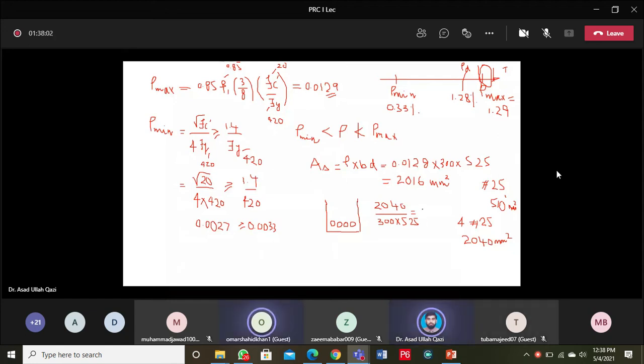0.0129. Good. So even if I have done some rounding up, and although in selection of this D I am a little generous, strictly speaking you recall that we are getting, as per the code, the clear cover and other requirements fulfilled.